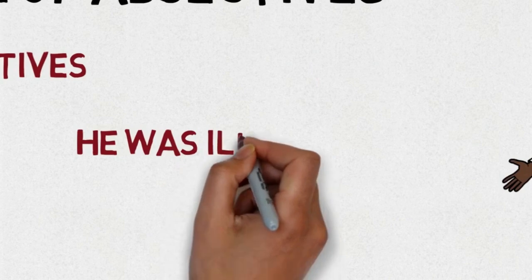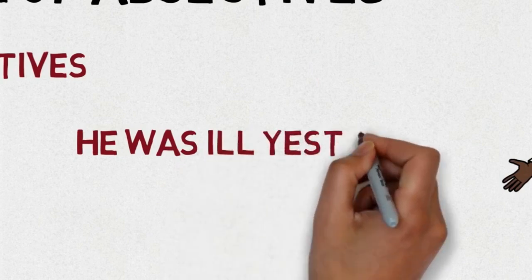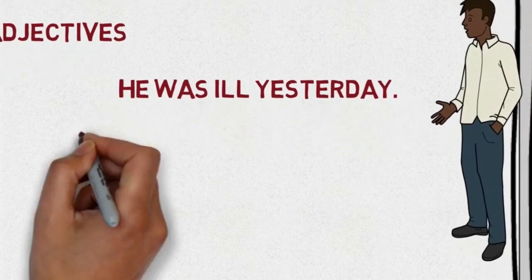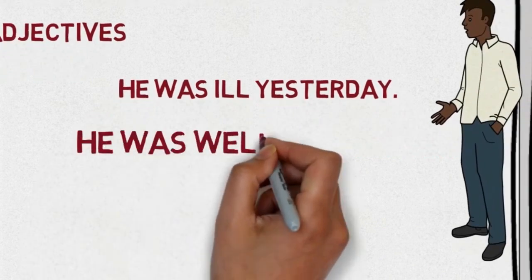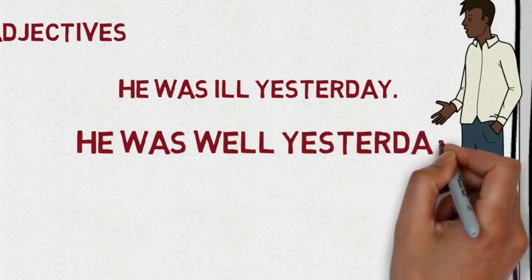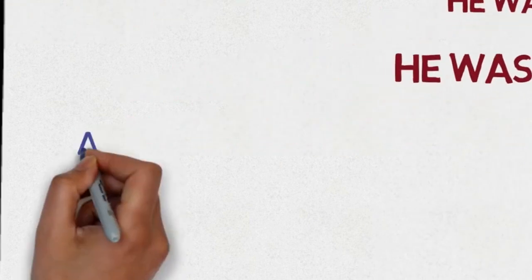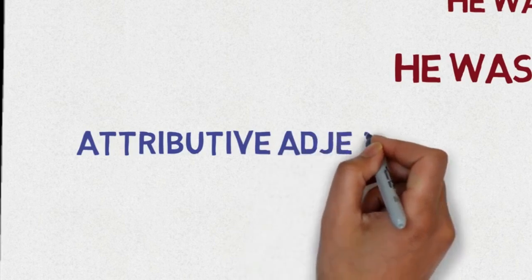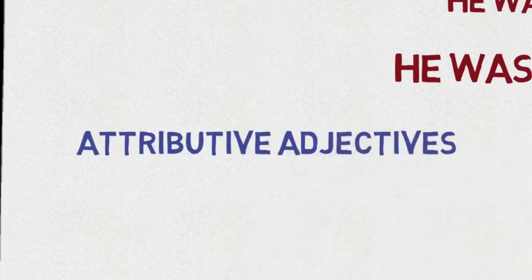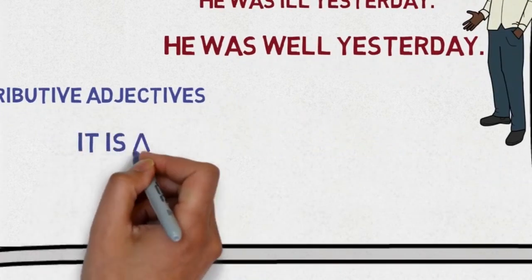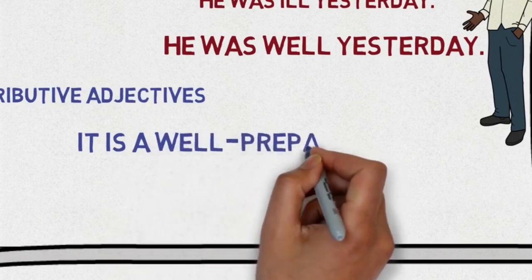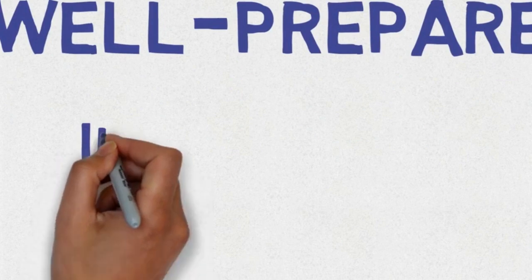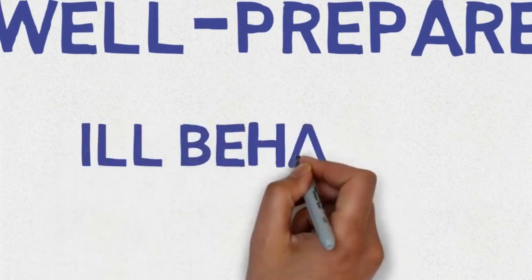For example, he was ill yesterday, كان مريضا أمس. He was well yesterday, كان بصحة جيدة أمس. But attributively, they have different meanings. It's a well-prepared essay, مقالة معدة إعدادا جيدا. Ill behavior, سلوك خاطئ.